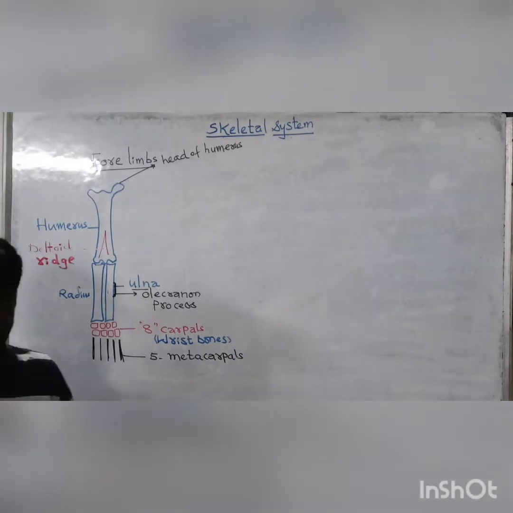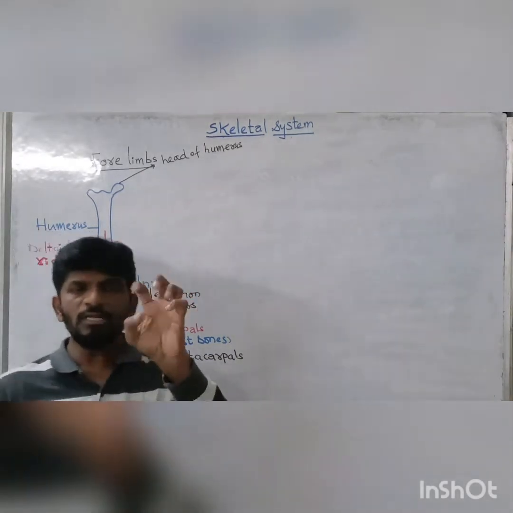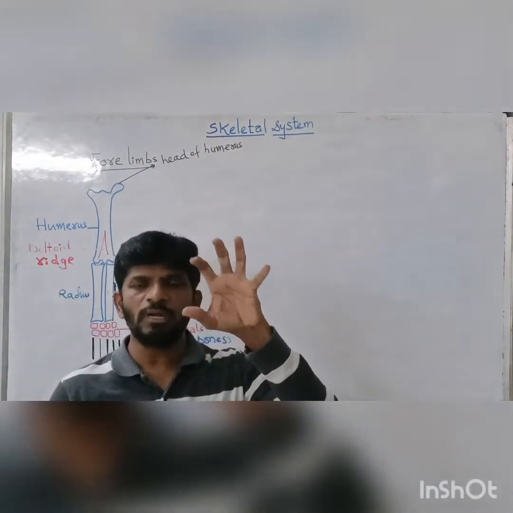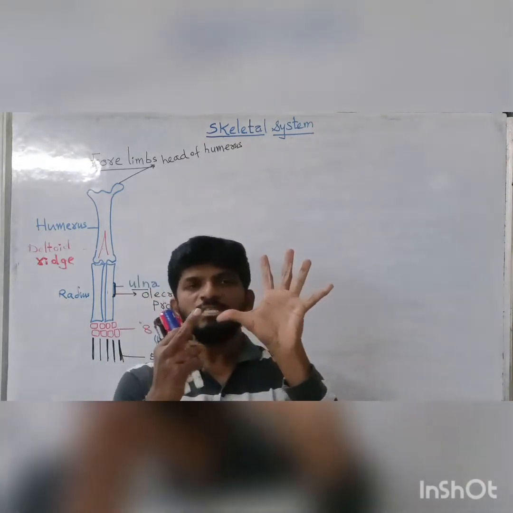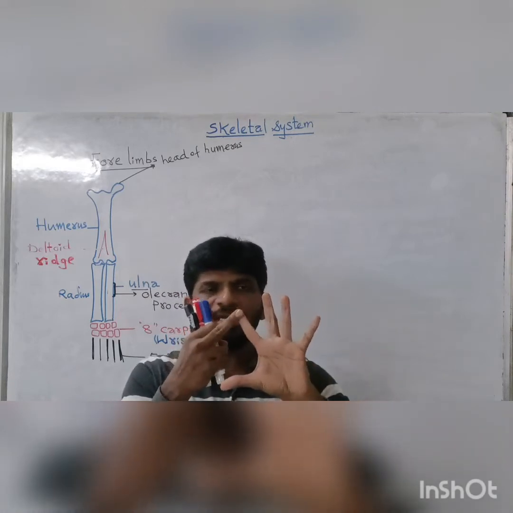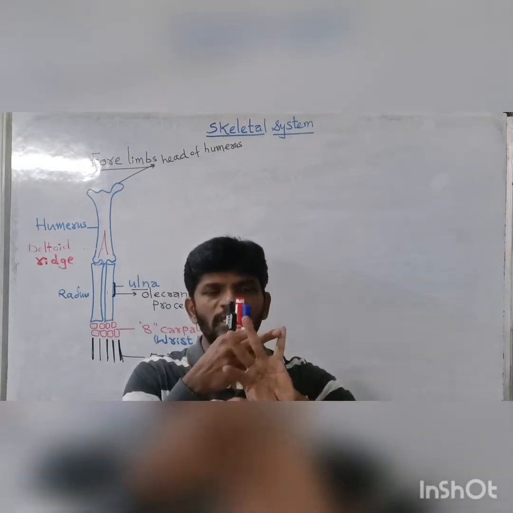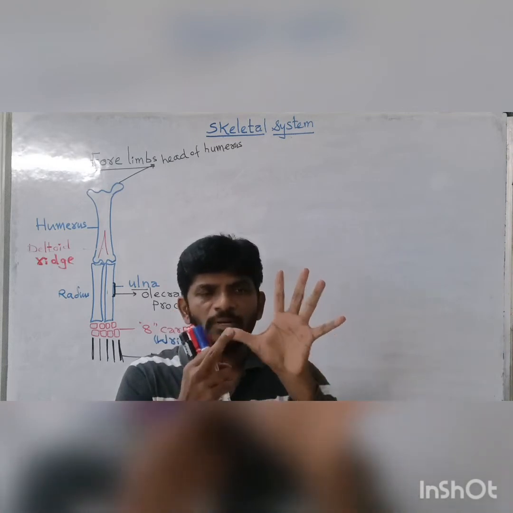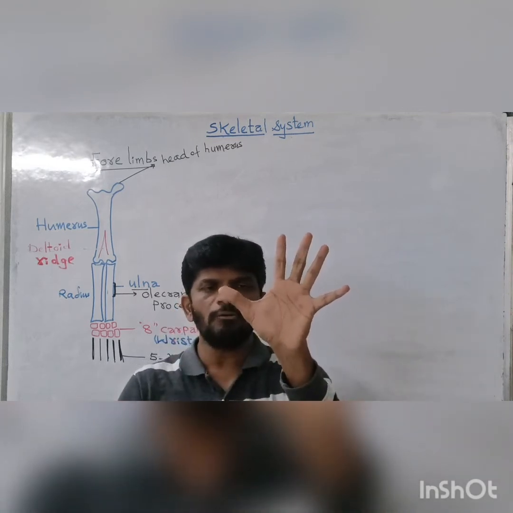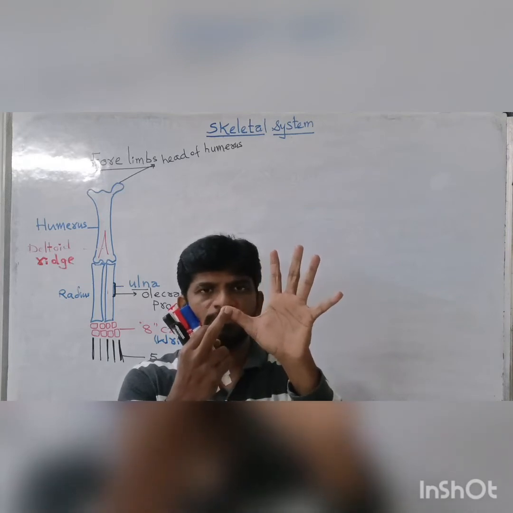And in the fingers, inside the finger, there are bones called the digital bones or phalangeal bones. This is the first digit, second digit, third, fourth and fifth. This is the small finger. First digit is the thumb. In the thumb there are 2 phalanges.